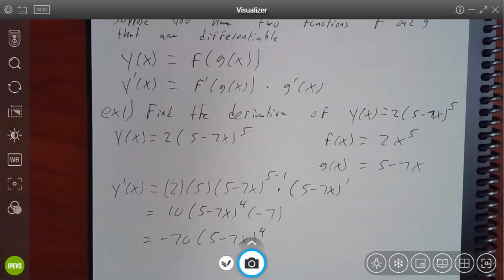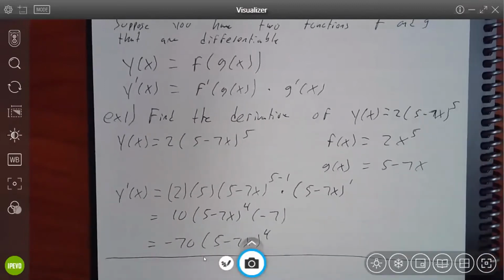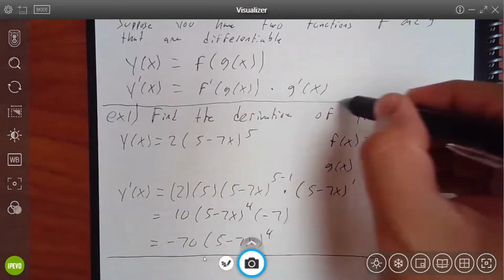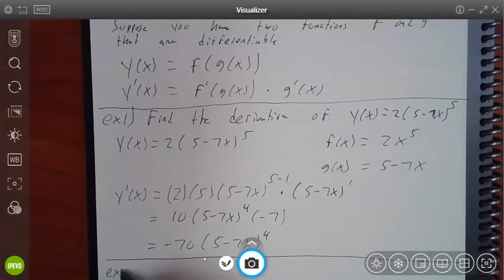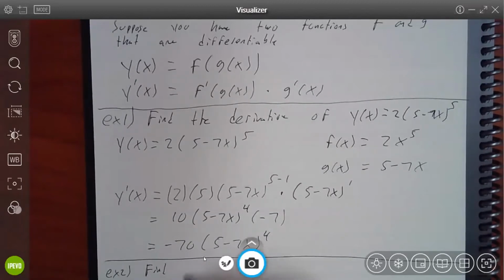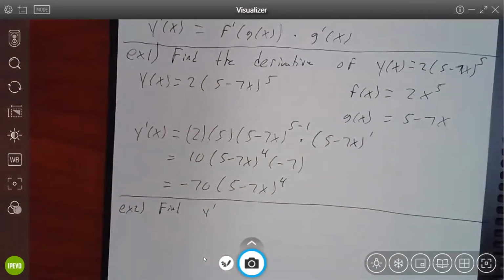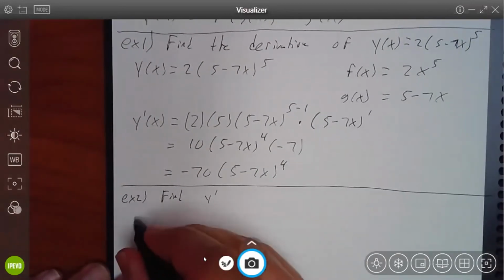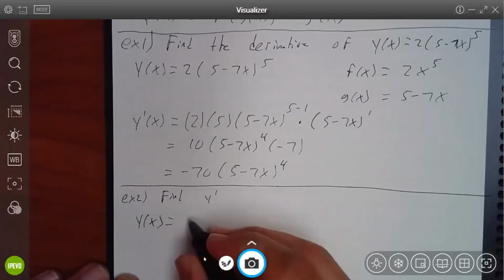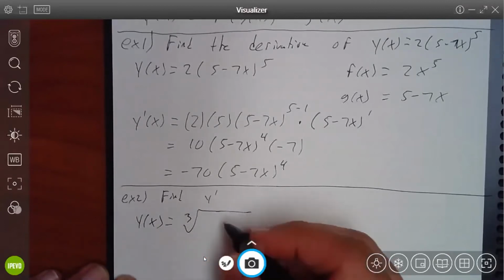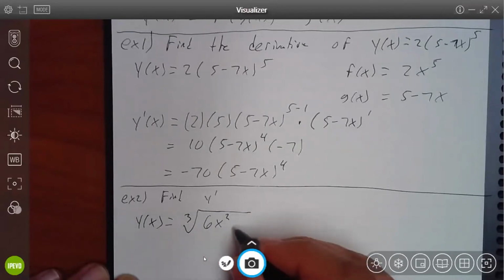Okay. Look at another one. Let's look at this weird root function. Find y prime. So I'm just going to shorten it up and keep using y just because it's simple. So the y they're giving us is the cube root of 6x squared plus 7.